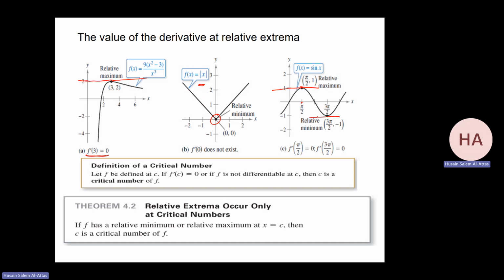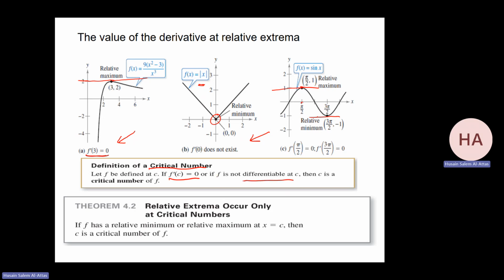So it means this case of having relative maximum or relative minimum happens when f prime is equal to 0 or f prime does not exist. So we define what's called a critical number. What's the critical number? I need f prime equal to 0, or f is not differentiable.